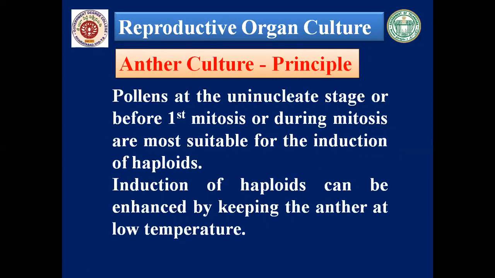Next, pollen at the uninucleate stage, before first mitosis or during mitosis, is the most suitable for the induction of haploids. So when we cut an anther from the selected plant, the pollen grains should be at the uninucleate stage, before first mitosis or during mitosis.